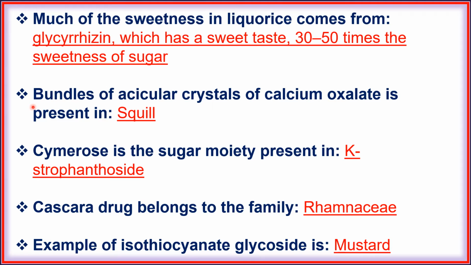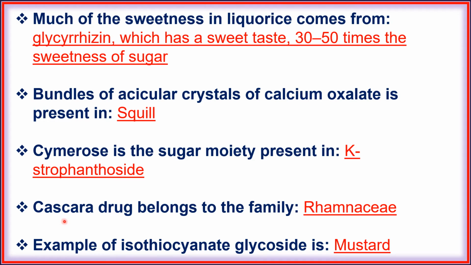Next, bundle of acicular crystals of calcium oxalate is present in squill. Next, primeverose is the sugar moiety present in K-strophanthoside.